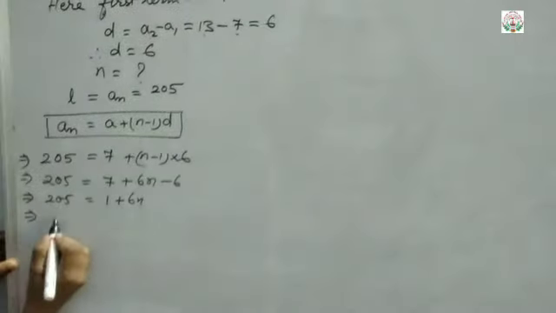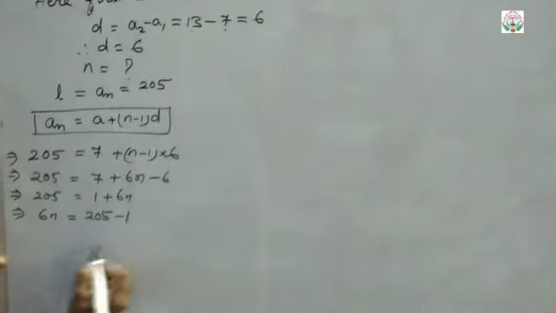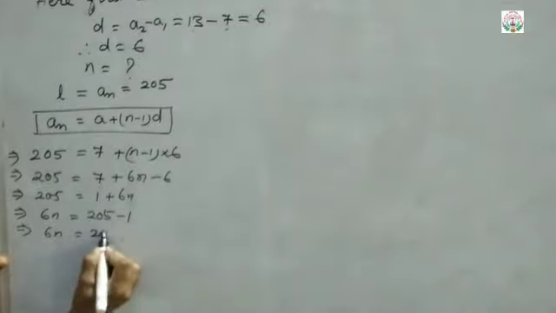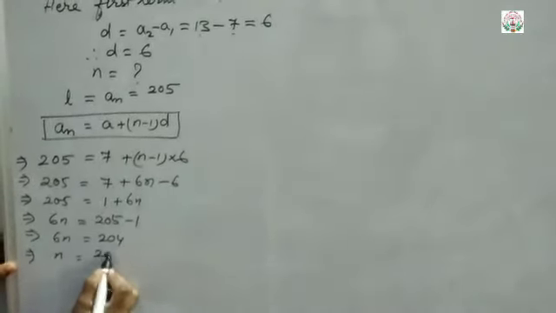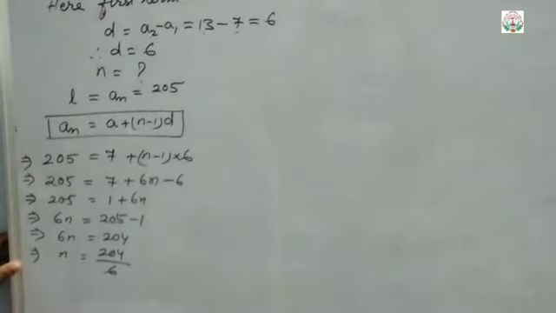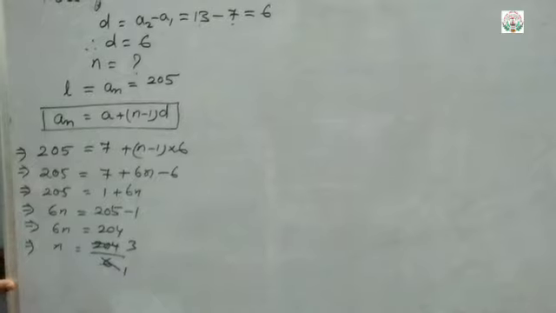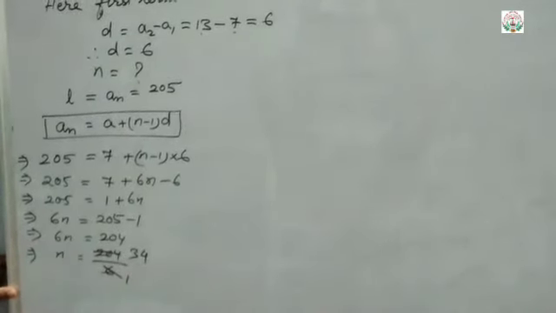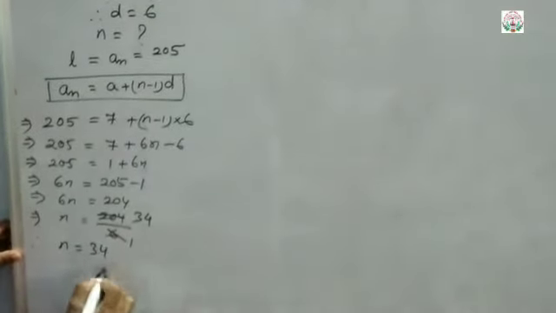Now on transposing, what you'll get? 6n equals 205 minus 1, 6n equals 204, implies n equals 204 upon 6. So you can see 6 ones are 6, 6 threes are 18, now remainder, 6 fours are 24. Therefore N equals 34.